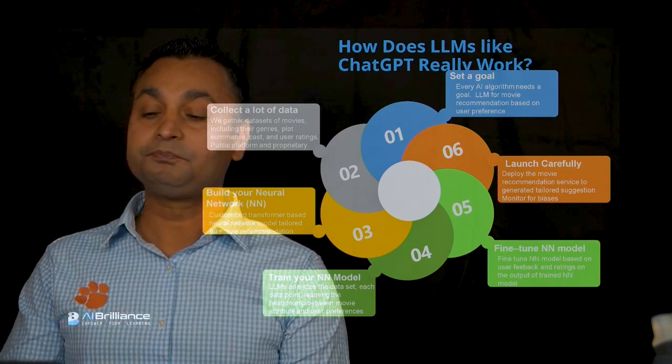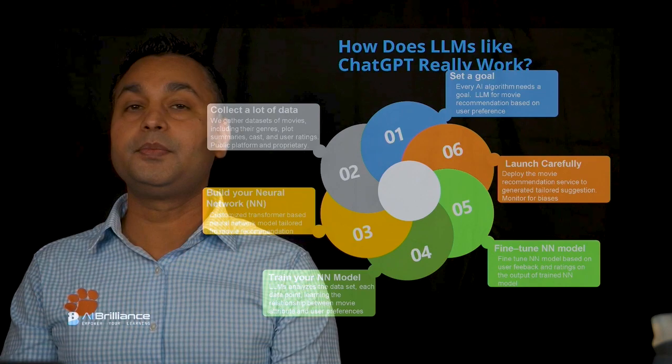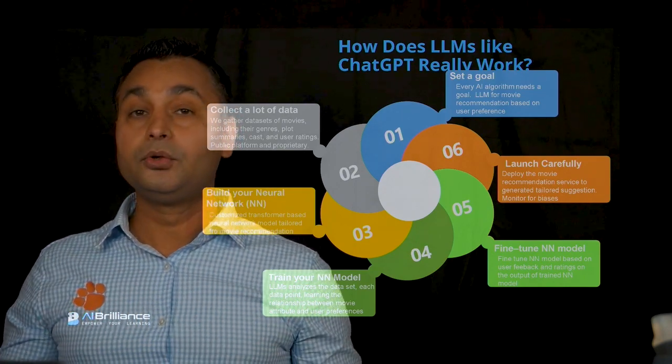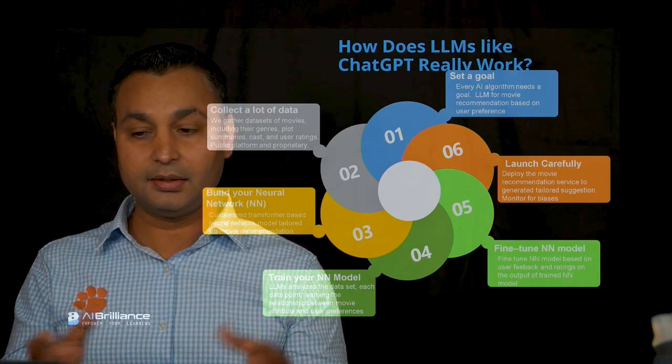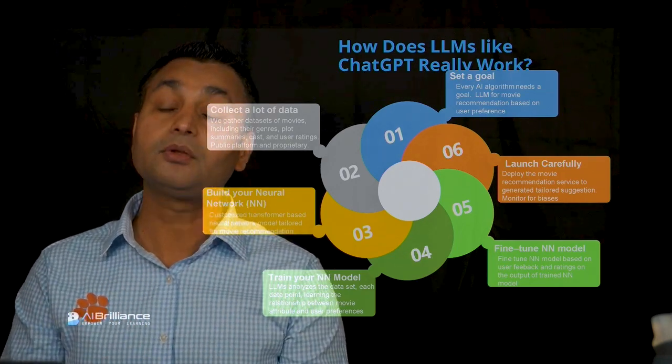So those are, at a very high level, the primary six steps that are used to build a large language model for a specific purpose. And here the example is essentially movie recommendation.